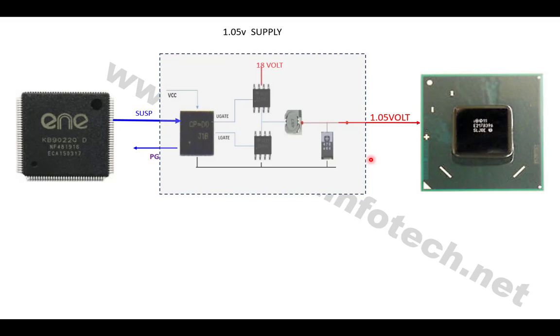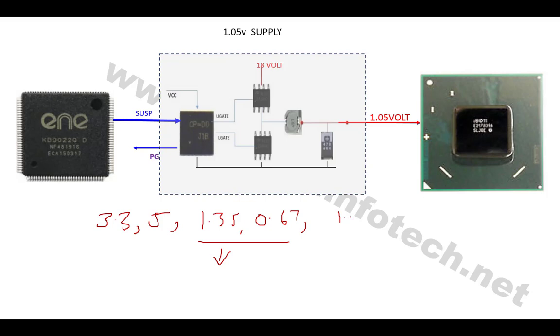So friends, in this way all the voltages are generated one after another. In our laptop the 3.3 voltage is already generated, then the 5 voltage is generated, then the 1.35 is generated, then the 0.67 voltage is generated. Both voltages go to the RAM, and these voltages go to the CPU also.